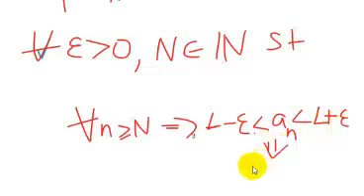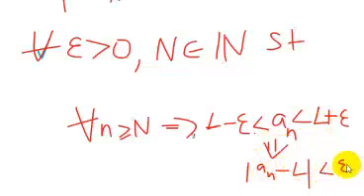This is the same as: the absolute value of a sub n minus L is less than epsilon. All terms after this index are within this ribbon.